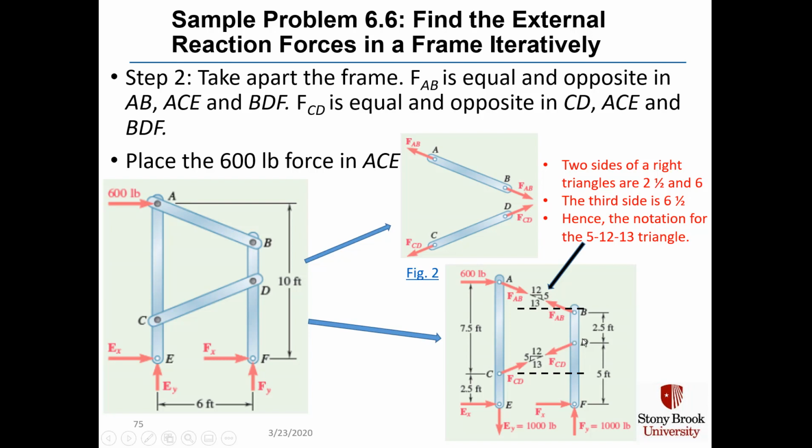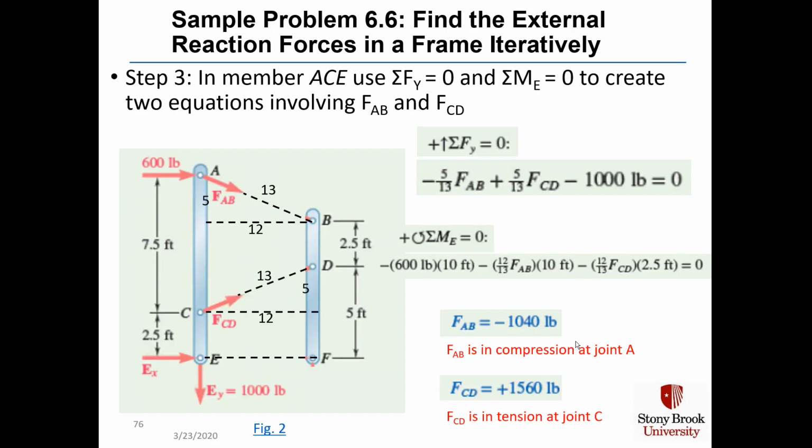Same as this triangle connecting D and point C and going horizontally and then up vertically in member BDF. In member ACE, we'll sum the y forces equal to 0, and we'll sum the moments around point E equal to 0 to create two equations involving the unknowns F sub AB and F sub AC.